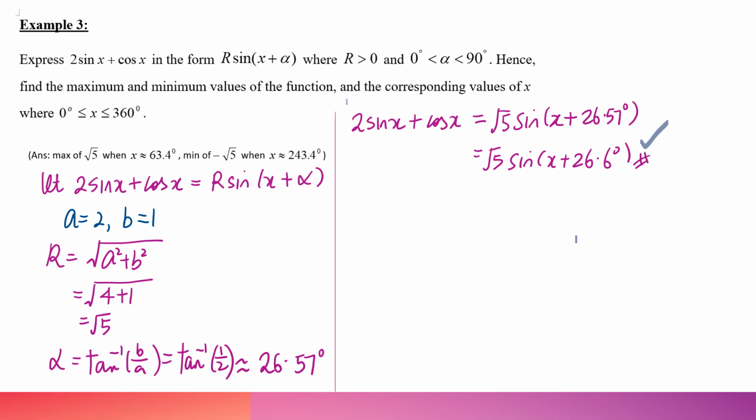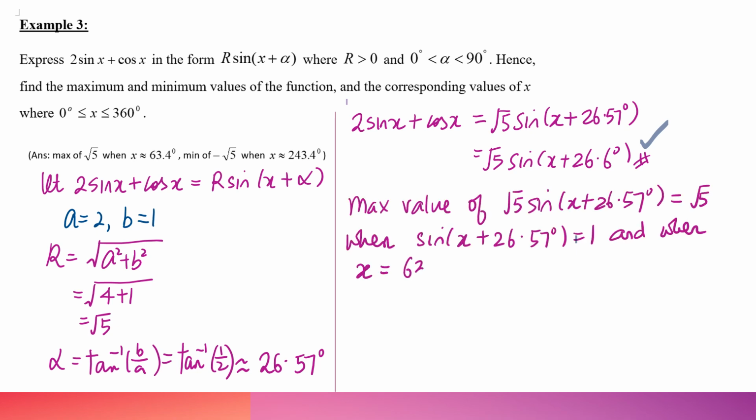Then the second step is to determine the maximum and the minimum value. To explain how to get the maximum and minimum values, I'm going to request you to recall your sine curve. How does your sine curve look like? Yes, your sine curve looks in this shape. If you look at y equals sine x, the maximum y value is 1.